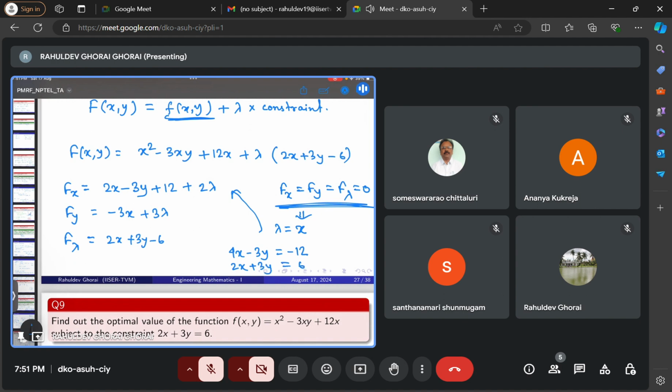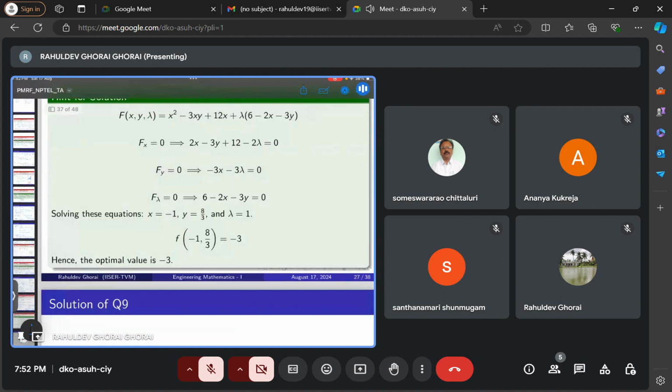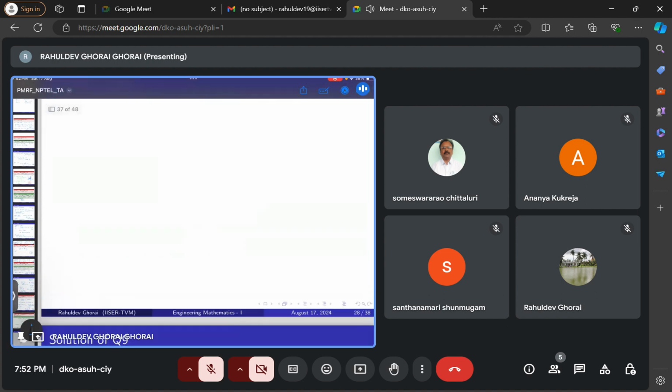So from these two, what do we get? If you just add them, it will be 6x equal to minus 6, so x equal to minus 1. When x equal to minus 1, y will be 8 over 3, right? And you got only that solution.